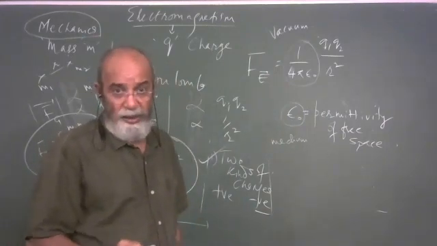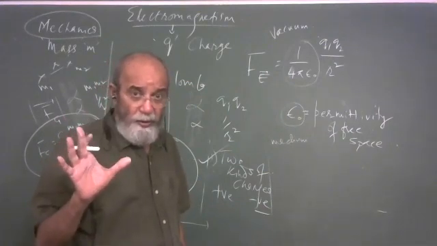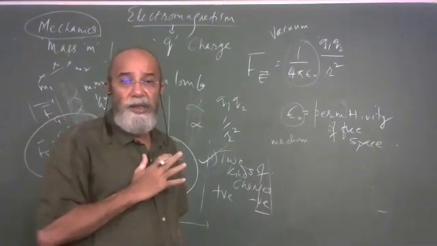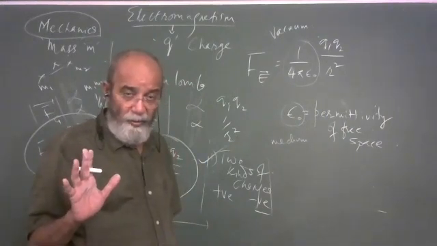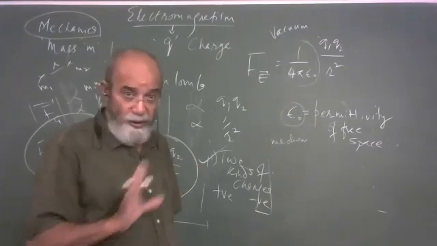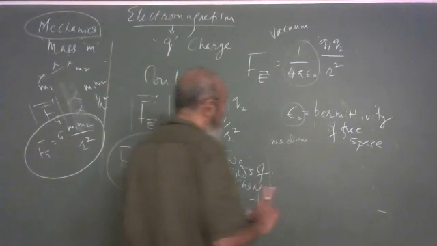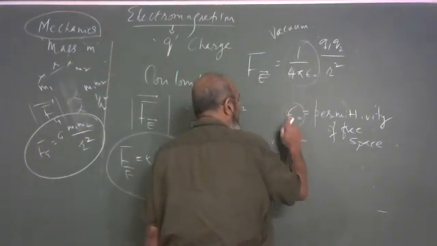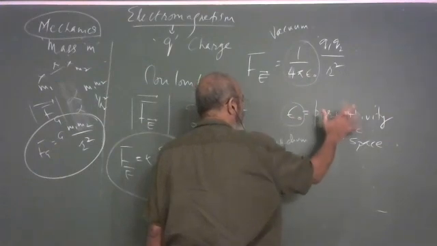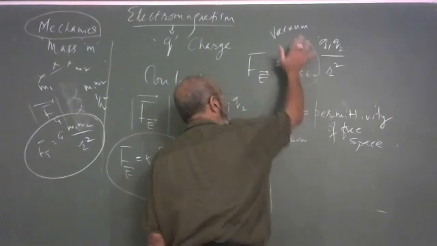What could it be? Don't get very deep into it, but you can give a self-explanation this way, which I will just explain. For the time being, accept the fact that this is called epsilon naught. Epsilon naught is permittivity of free space, which we write when we are in a vacuum.